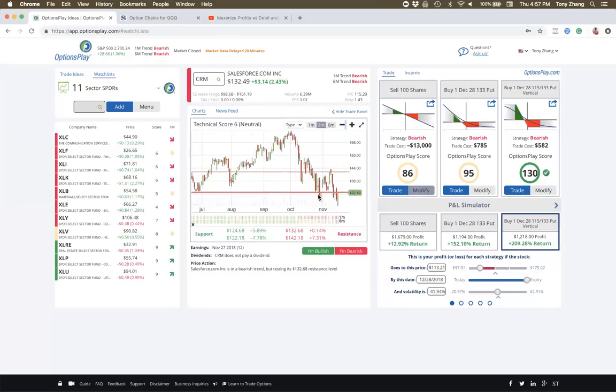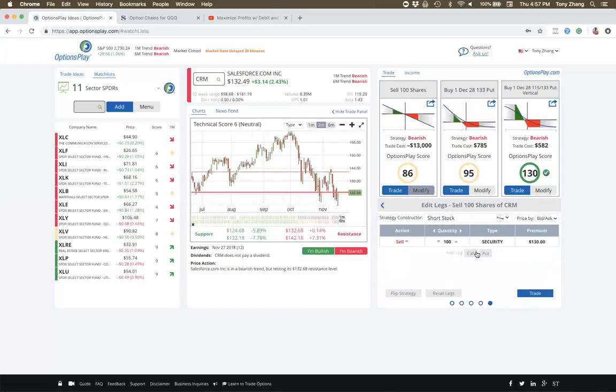So there's a few ways I can look at this. I can say that Salesforce is unlikely to go much higher above 133. If that's the case, one thing you can do is sell a short call. You can sell a December 133 call, and that's going to collect you $725 for the call.